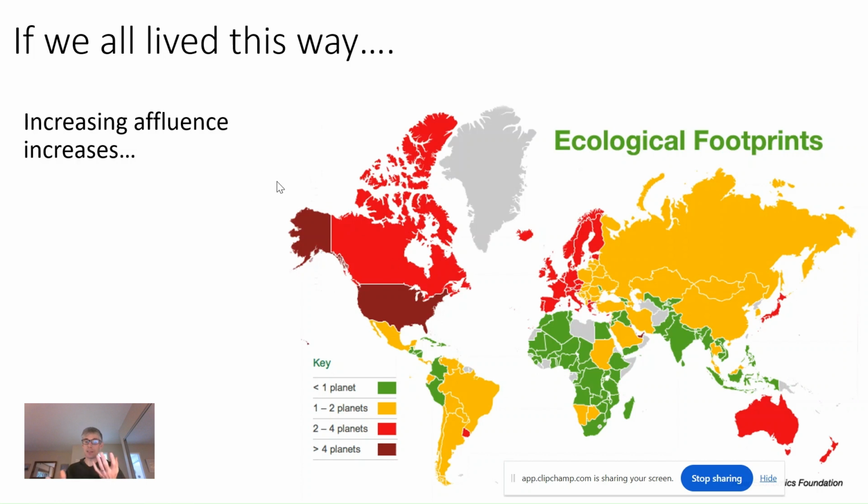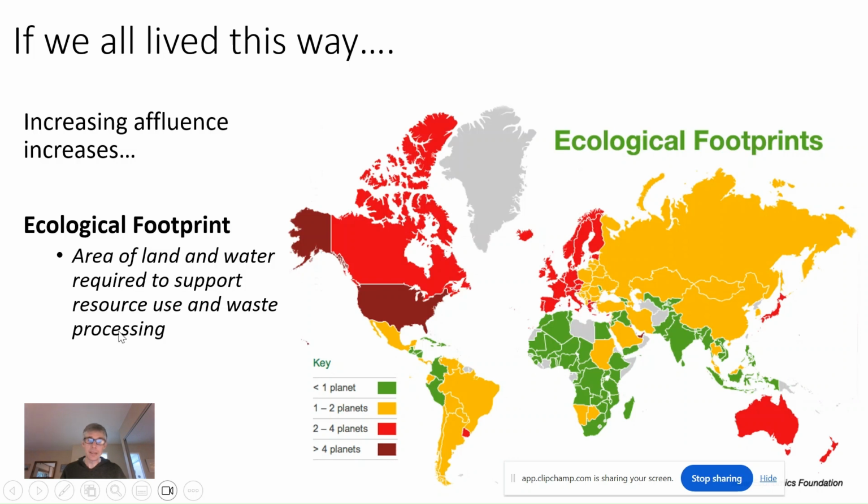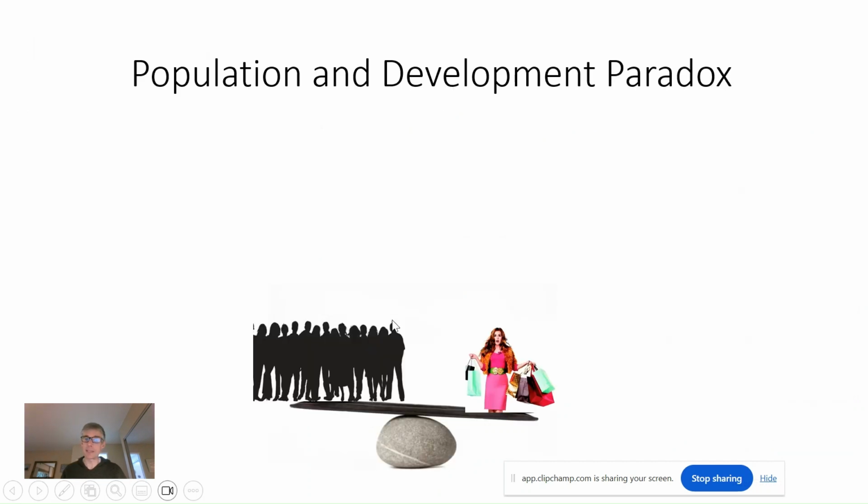So if it's in balance, one planet would give enough resources and waste capacity for everyone on Earth. But if we all lived the way that they do in the US, we'd actually need 4 planets to meet that, and basically Canada too. I shouldn't target the US alone. So we got a problem. If we all want to live the good lifestyle, we're going to exceed Earth's carrying capacity.